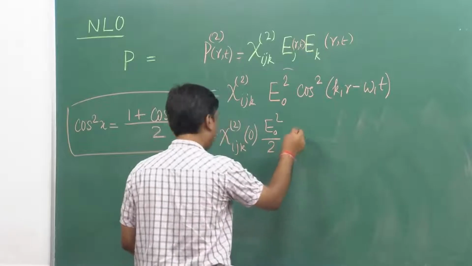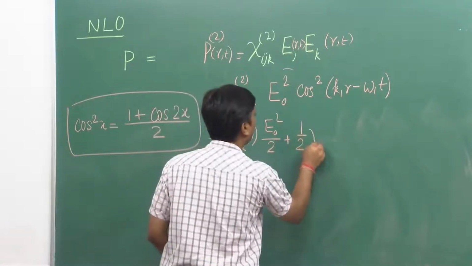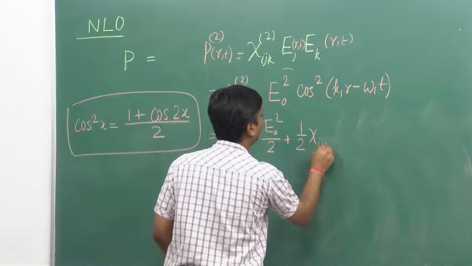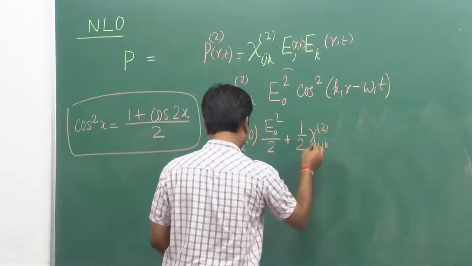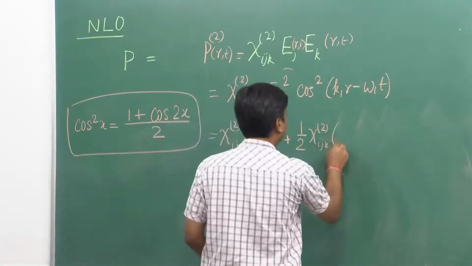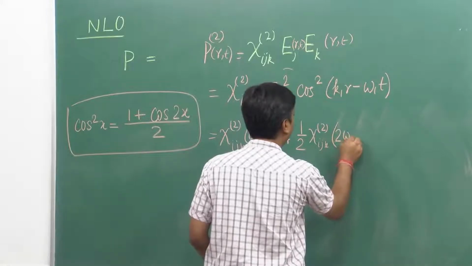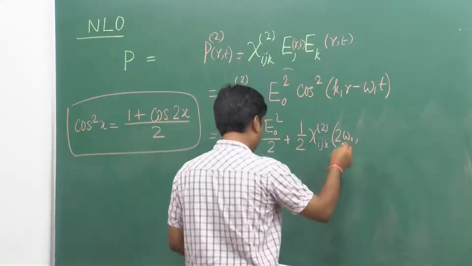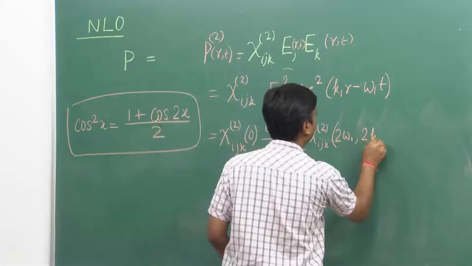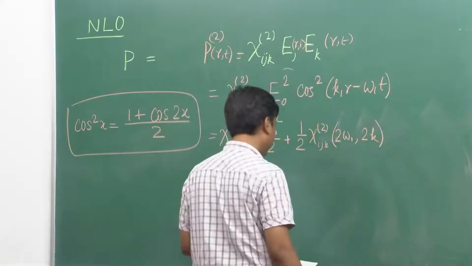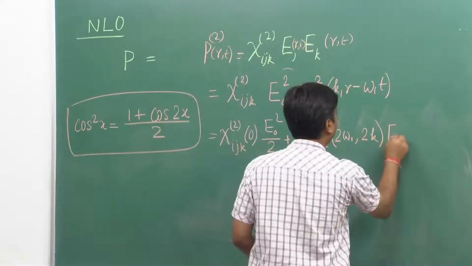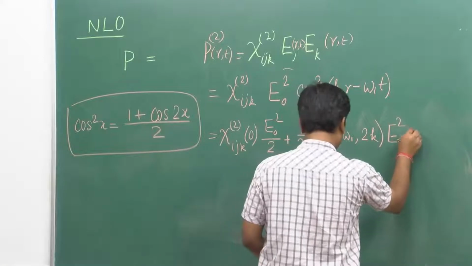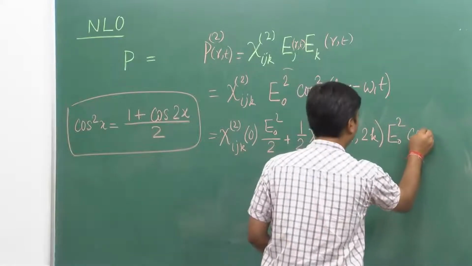Plus, and this is a function of the harmonic frequency as well as the wave vector, multiplied by P0 square, cosine.